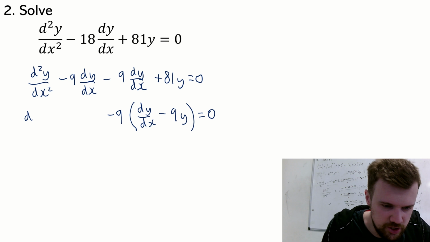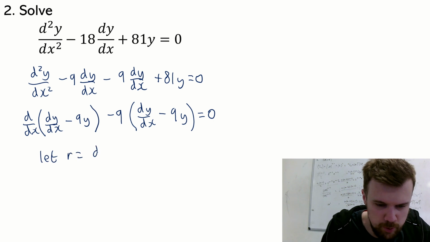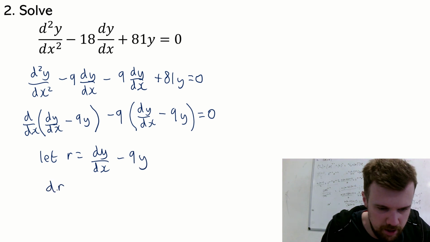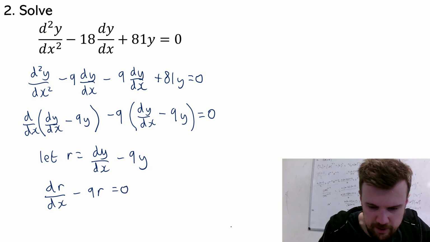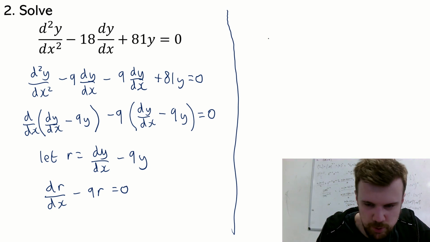And then the first two terms are secretly just dy dx minus 9y differentiated with respect to x. It's the same sort of pattern. Surprise, surprise. Let r equal dy over dx minus 9y. So therefore we have dr over dx minus 9r equals 0. Which again, we're going to solve. I'm going to skip a few steps because it's very similar to what we had before.